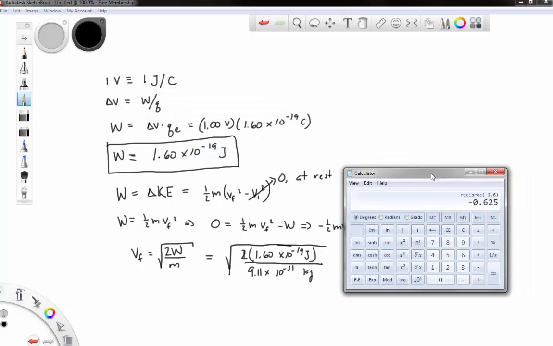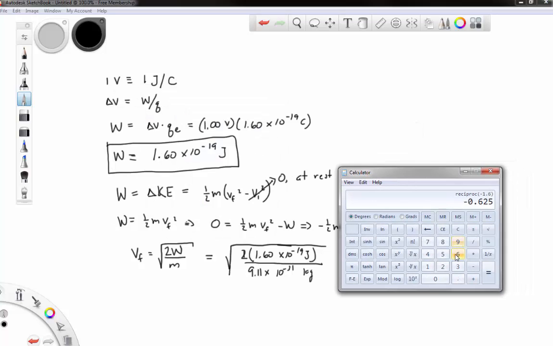So let's go put all that into the calculator. We have 2 times 1.6 times, to enter this power of 10 to the minus 19, we basically go 19, it's minus, and it's 10 to the x.